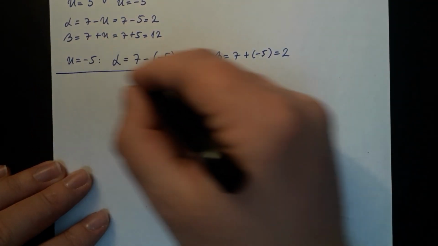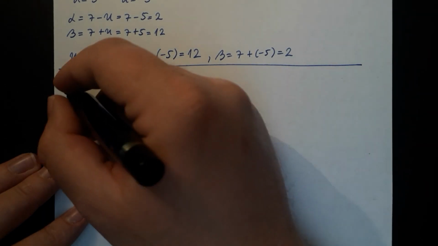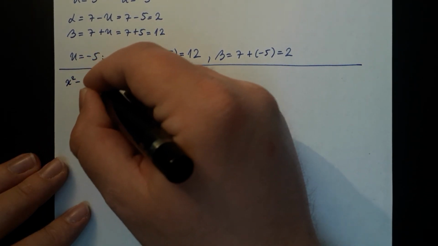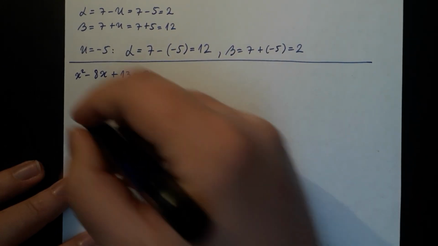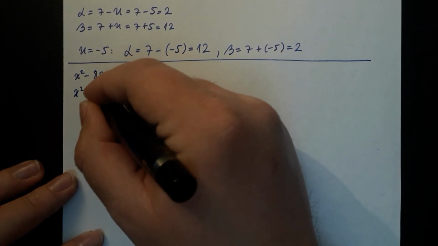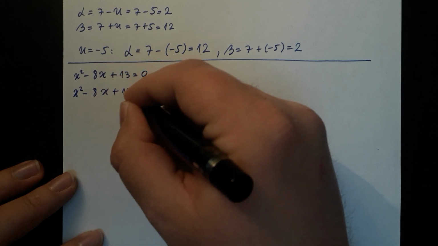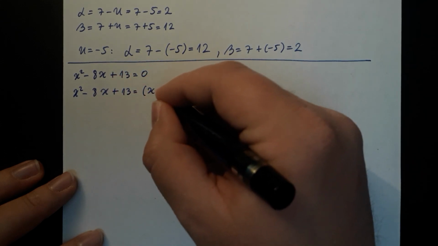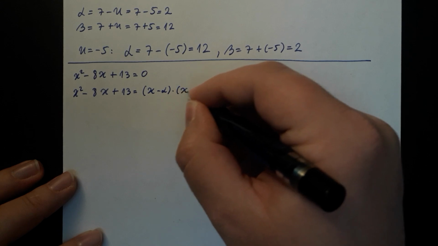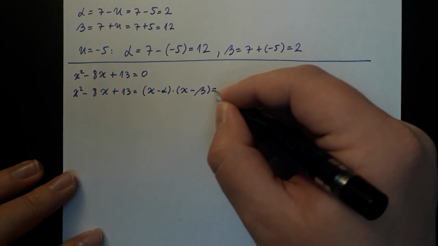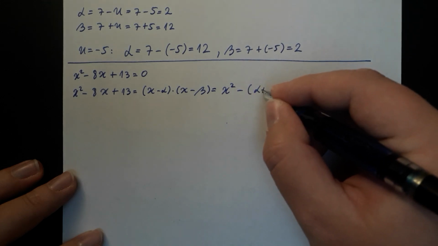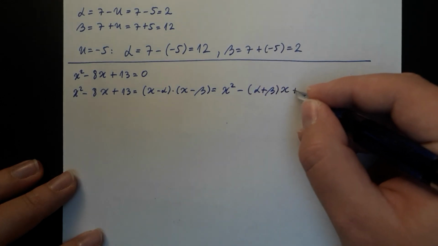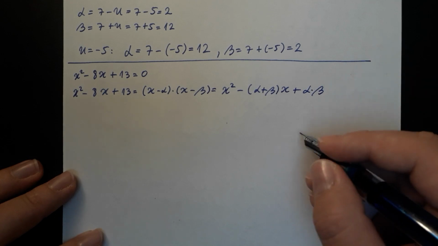Let's now try a different equation. We have x squared minus 8x plus 13 to be equal to 0. We are going to write x squared minus 8x plus 13 in the form x minus alpha multiplied by x minus beta. We know that this is equal to x squared minus (alpha plus beta)x plus alpha multiplied by beta.